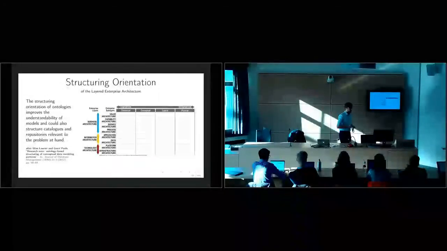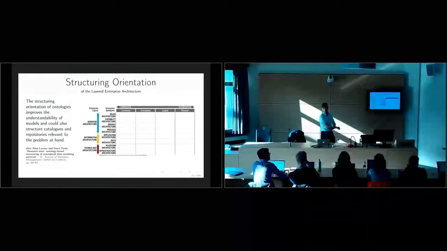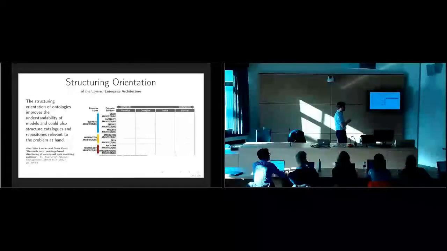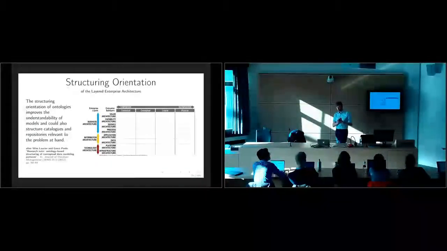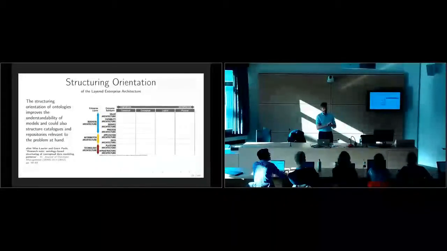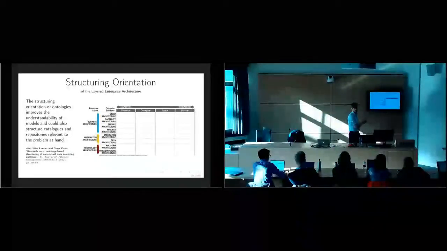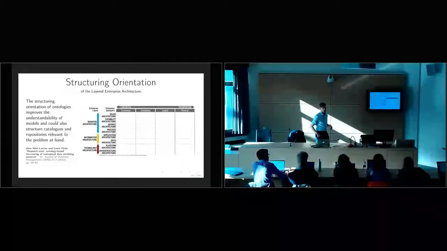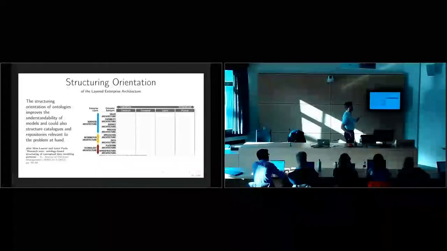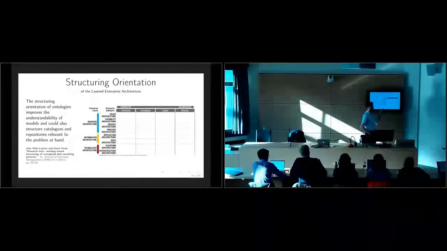First key principle is a structuring orientation. Ontologies have what is called a structuring orientation. Structuring orientation means that they offer you a structure to better understand models. So here this is a very simple example where you use boxes to define the fundamental meaning of a concept.